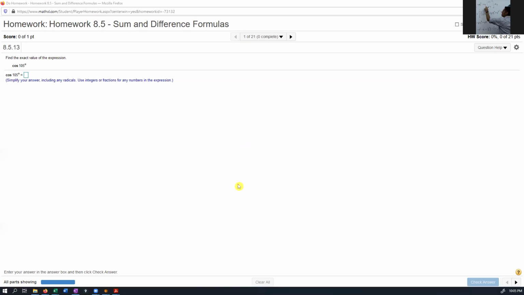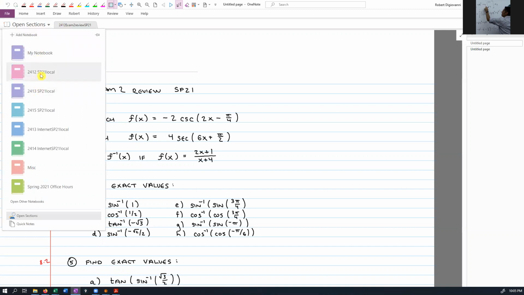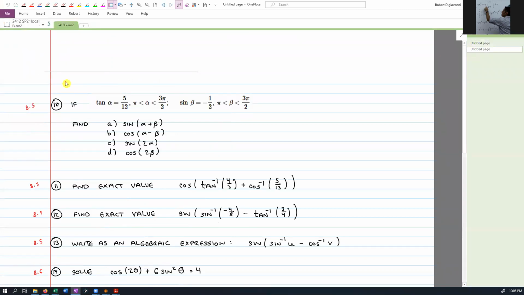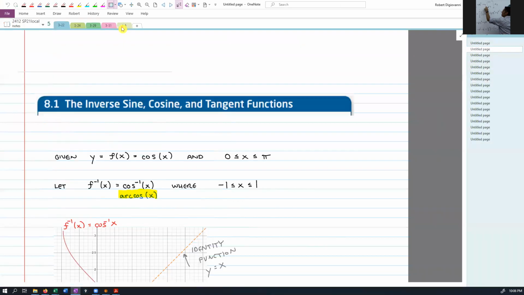All right, 8.5 sum and difference formulas. So the sum and difference formulas are, let's see, what is that? What is this? Oh, that's weird. Okay, so the sum and difference formulas we're going to be using here.